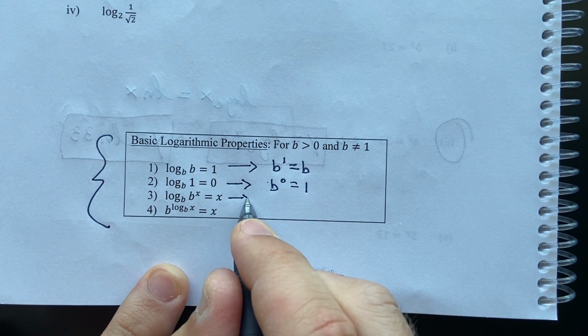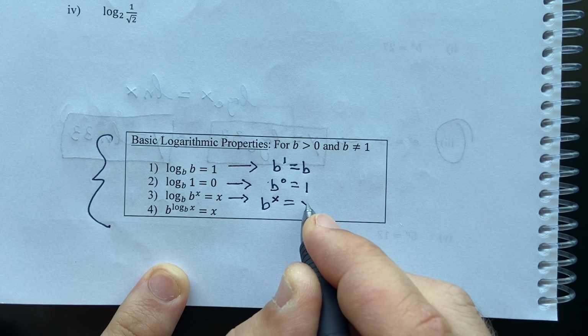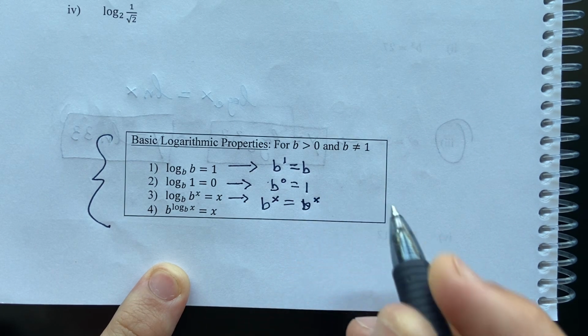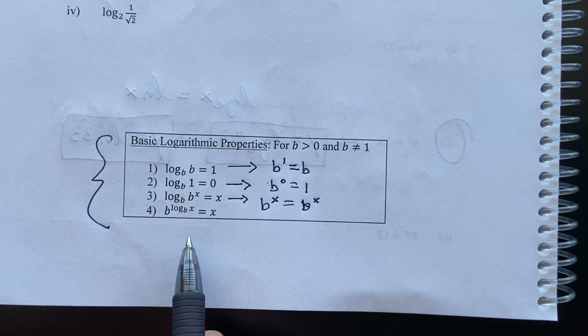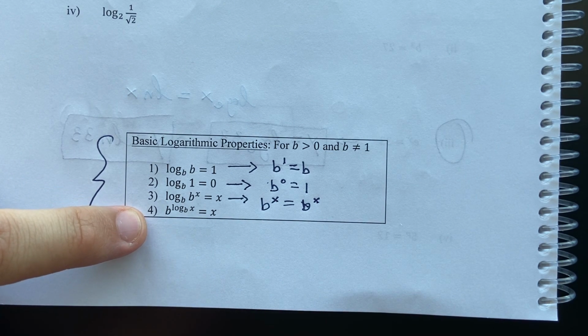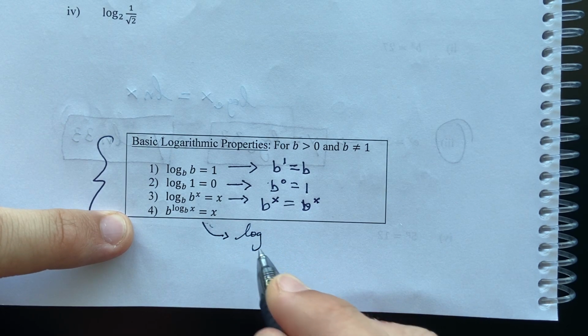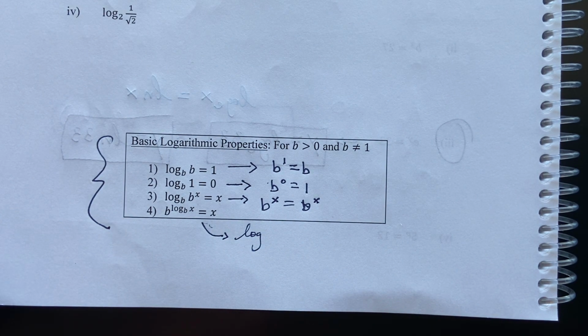If you think of this in exponential form, you have b to the x equals b to the x. I'll leave this one to you to convert into logarithmic form. See what you get.